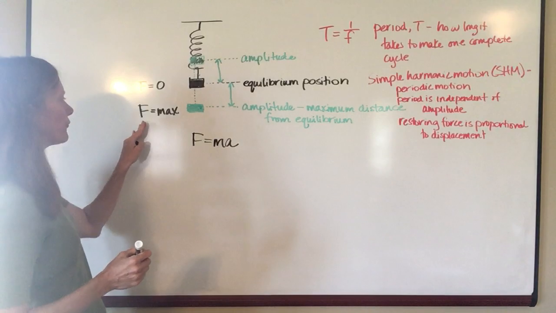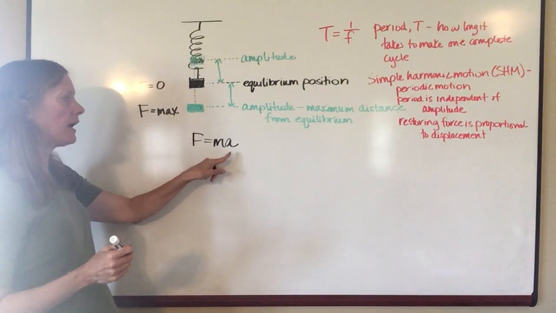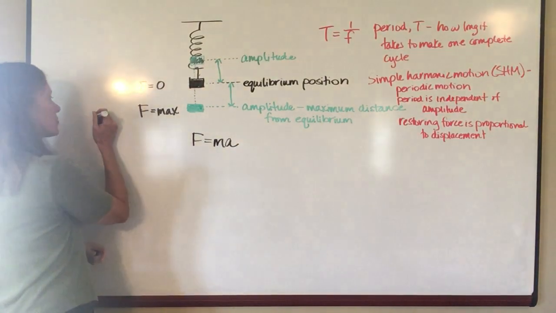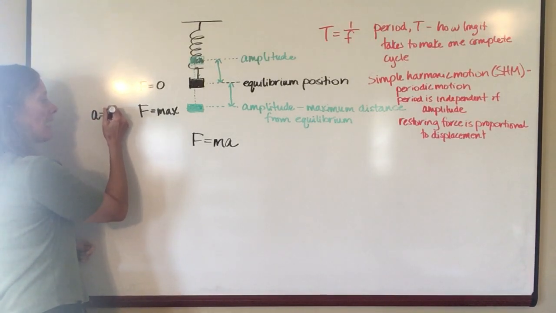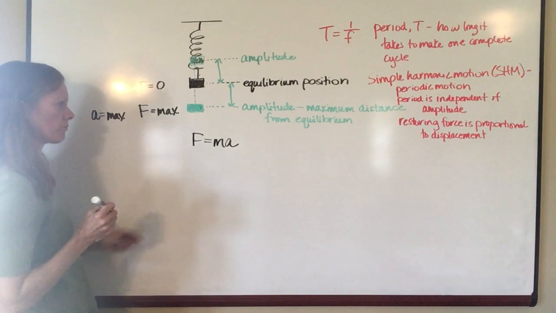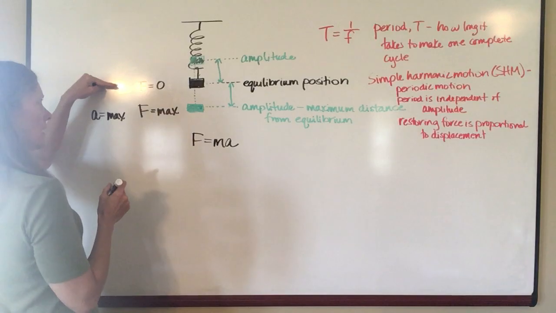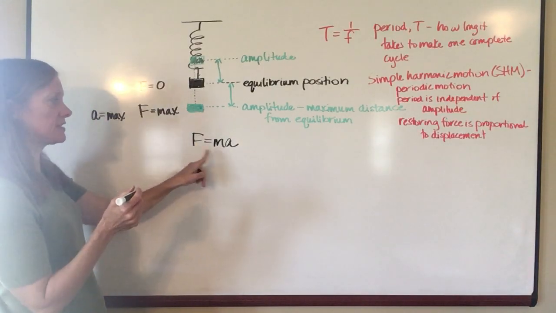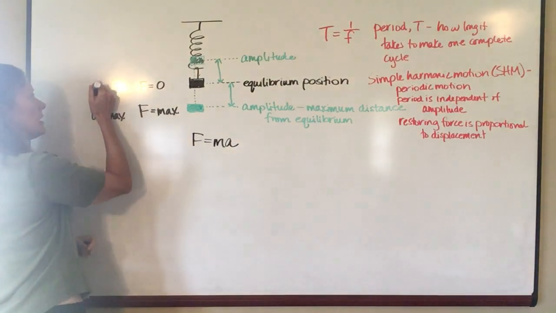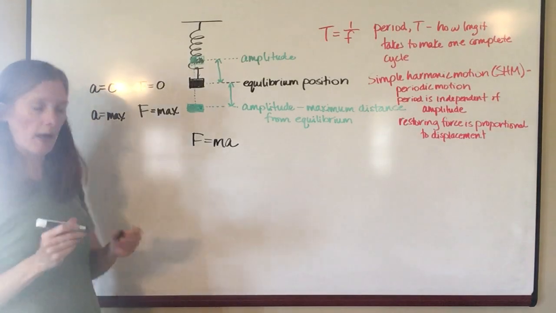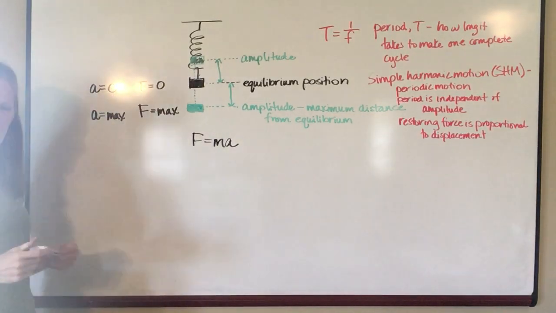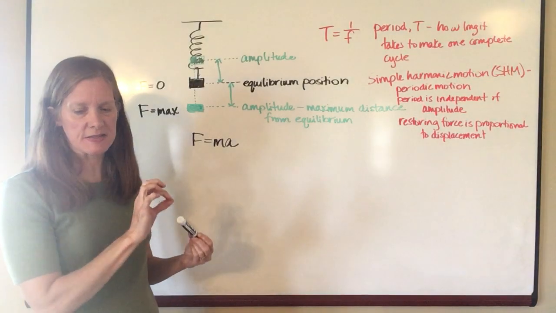And so if the force is at its maximum, that means the acceleration is also going to be at its maximum, okay? And when I get up here, if force is 0, that means acceleration is going to have to be 0 as well.